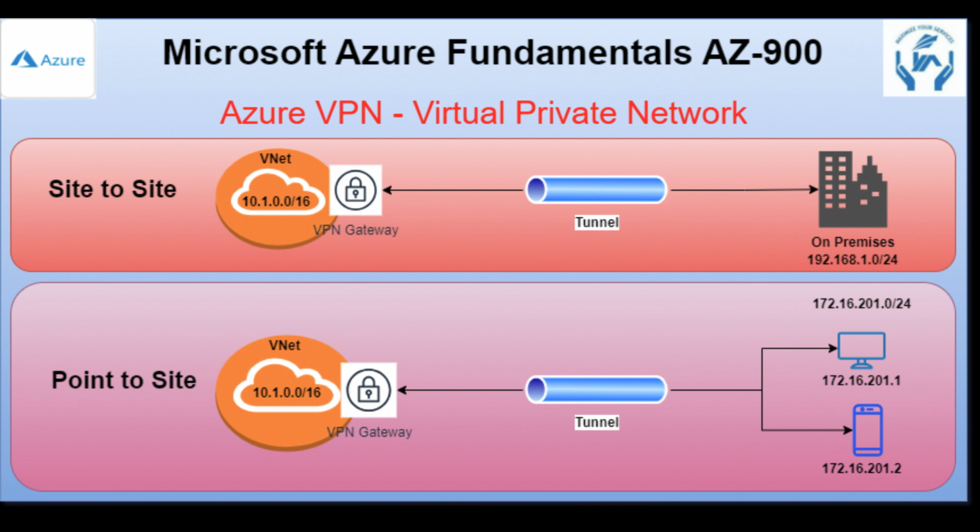This encrypted secure layer will help to save your data and traffic transferred with point to site from hackers and any other intruders. So these are the very simple and major two types we have discussed in this session.